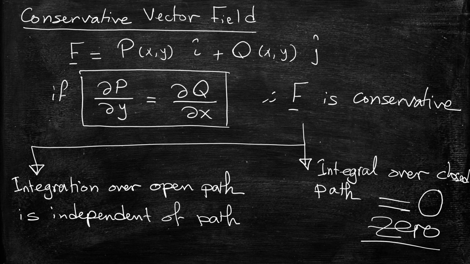If we have a conservative field or conservative force as a vector, and this vector is defined by some function p of x, y in the x direction, and some other function q of x, y in the j direction, we are assuming a 2D vector. This could be generalized also to 3D by adding a third term in the k direction.